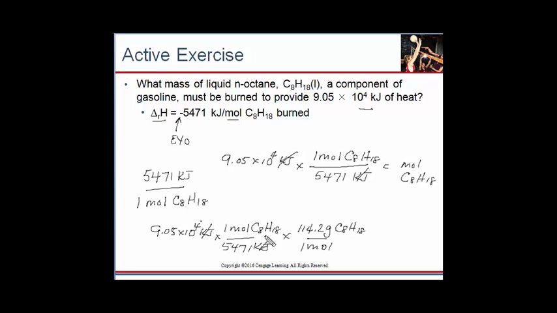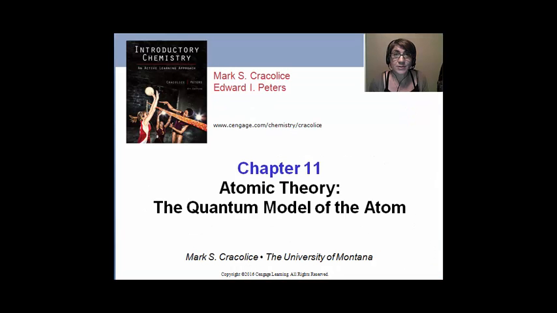So kilojoules, moles, moles. My surviving unit is in grams. That's what I wanted. And the answer is 1.89 times 10 to the 3 grams of this octane. Okay, so we're moving on.